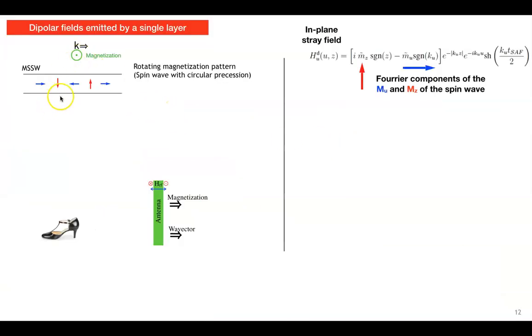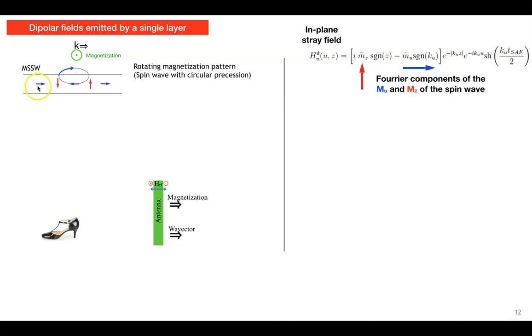So imagine we are still in a Damon-Eshbach configuration, that is to say the magnetization is pointing towards you, okay? And the dynamic magnetization of the spin waves here is still the red and blue arrows that rotate in space. So here it's plotted for a circular precession. And we have to ask ourselves, what is the stray field that these spin waves generate?